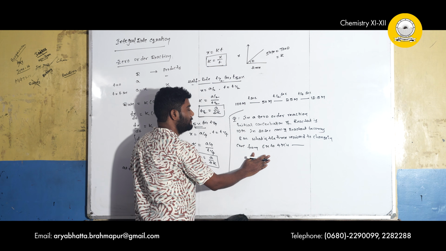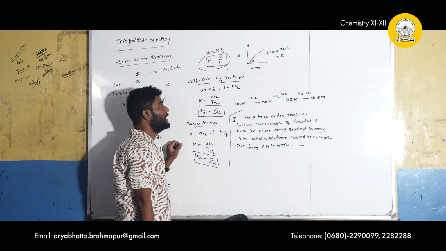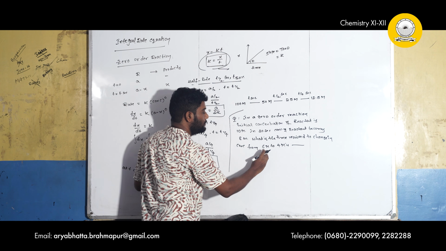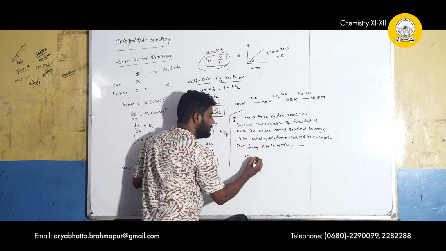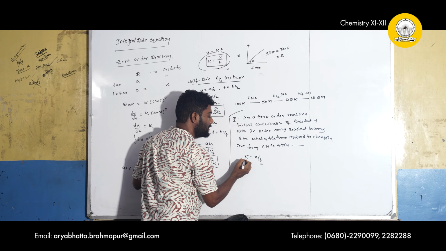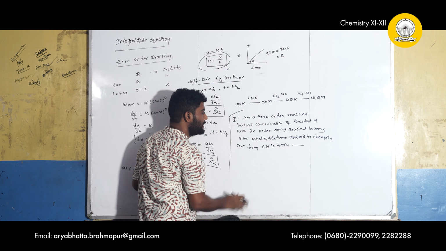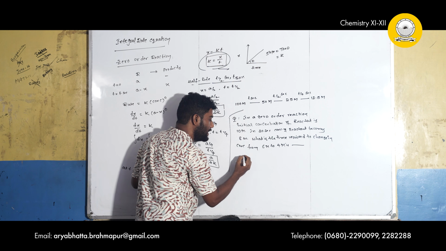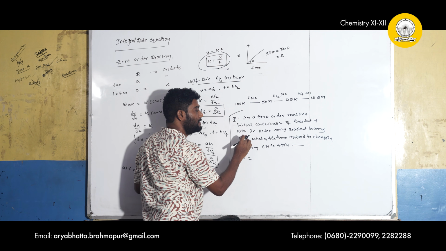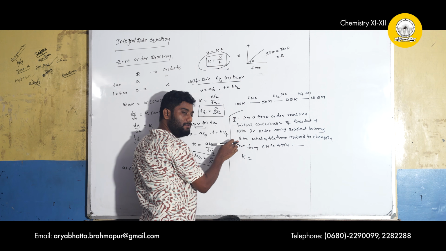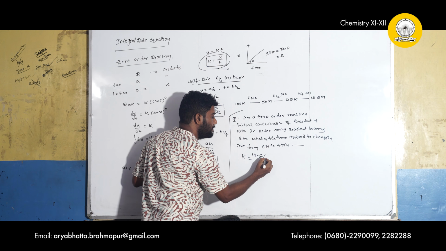What is the time required to change the concentration from 6 molar to 4 molar? To solve the question, we have to remember A equal to X by T. So here K is equal to the change in concentration 10 molar to 8 molar, 10 minus 8, takes how much time? 20 seconds.